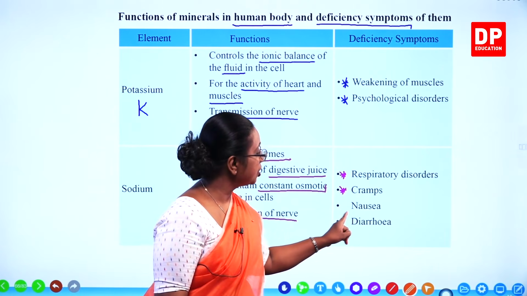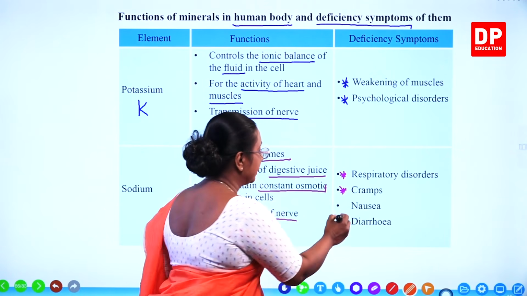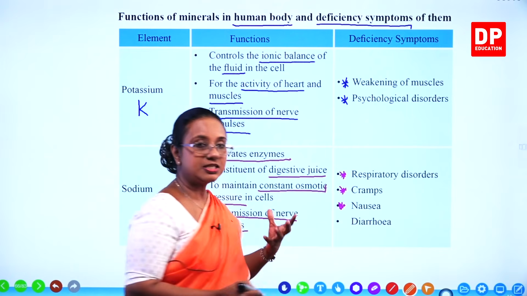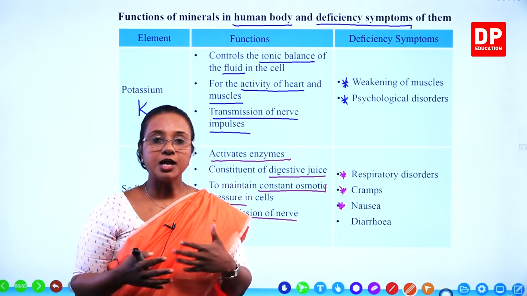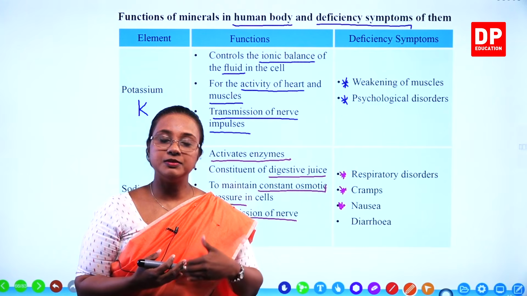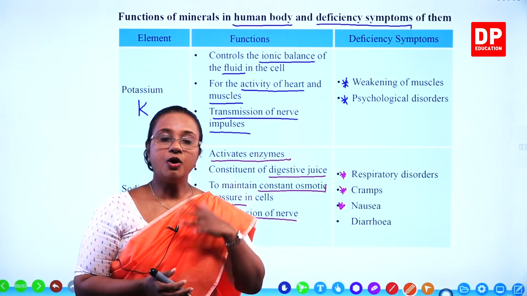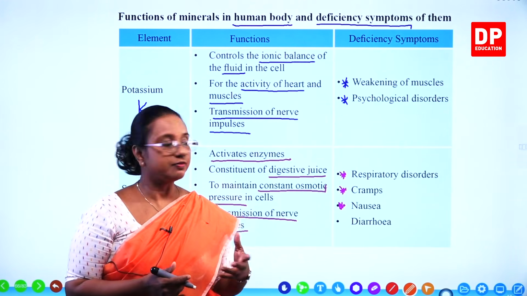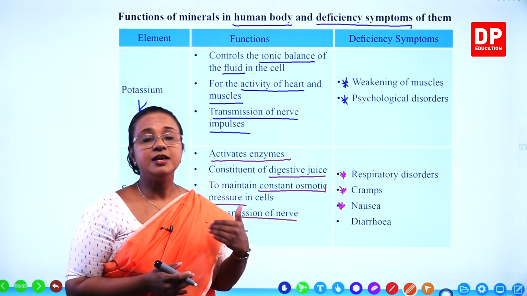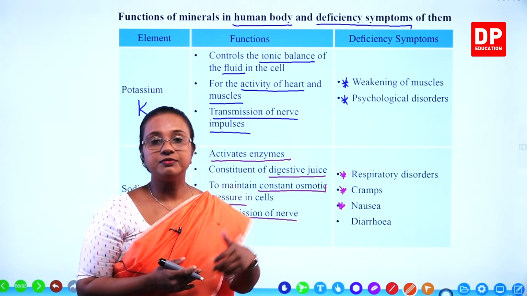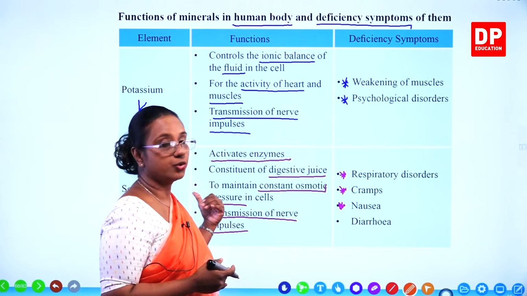Another symptom is nausea. Nausea means feeling like vomiting, having a headache or a turning head, feeling uncomfortable, an uncomfortable feeling in your stomach. All these are part of the nausea symptom. So, that is also a symptom of deficiency of sodium.